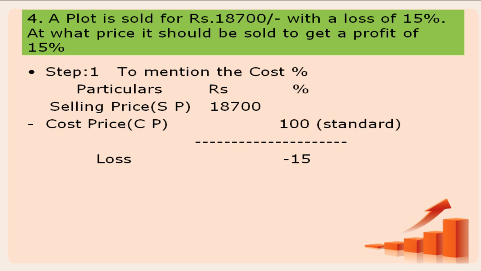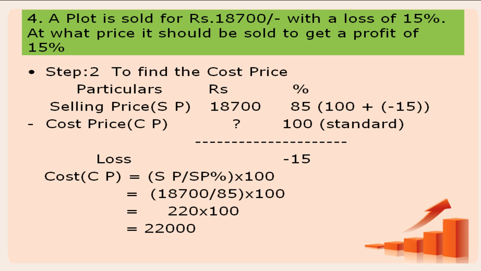Here to mention the cost price percentage. For all the given situations, cost price percentage remains standard or fixed, which is equal to 100 percentage. Now we are going to the next situation. Here the loss is 15 percentage, so minus represents loss.